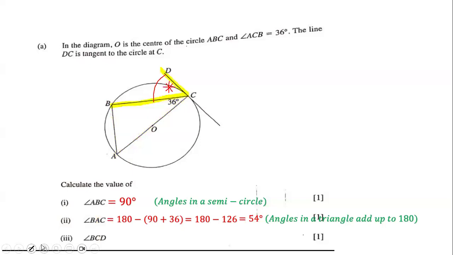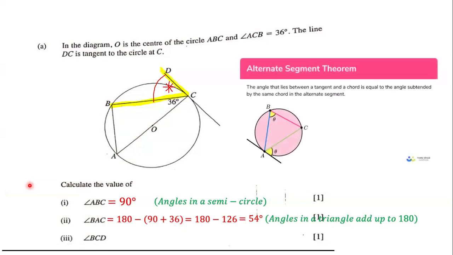In order to figure out the size of that angle, we can use the alternate segment theorem. That's going to be helpful. The alternate segment theorem states that the angle that lies between a tangent and a chord is equal to the angle subtended by the same chord in the alternate segment. What does that mean? Notice we have this chord AC, and we have this tangent, which is this black line.